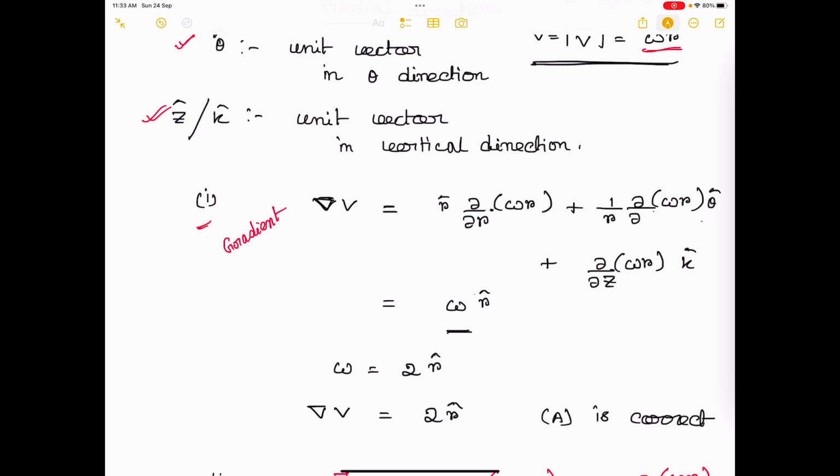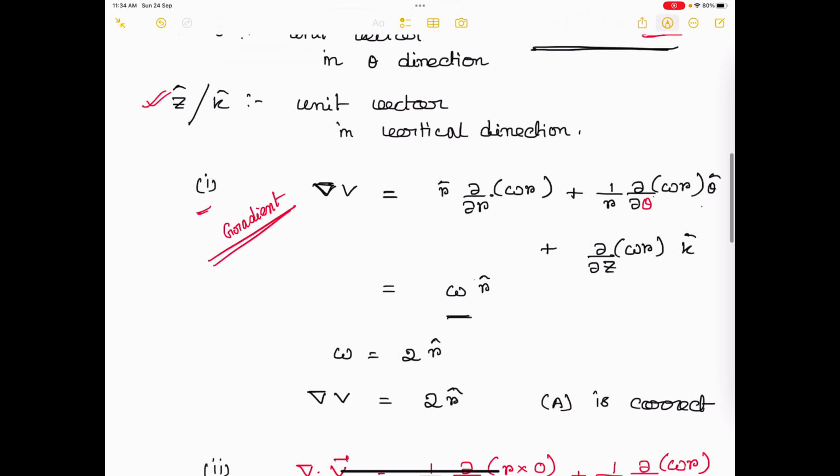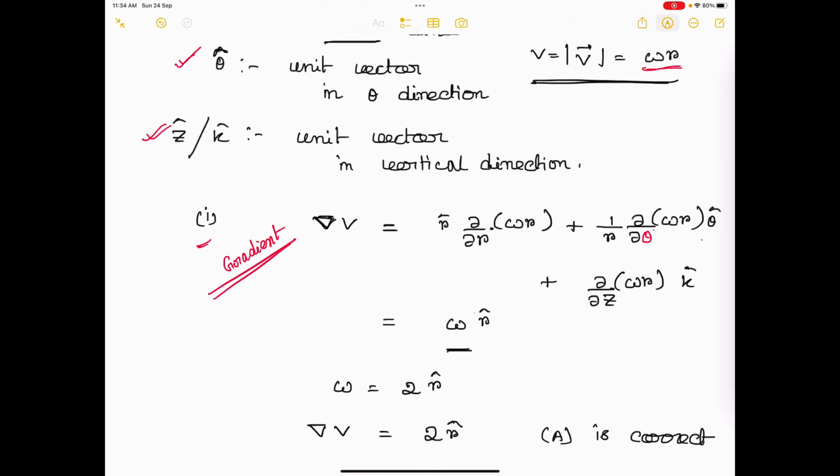The formula in the cylindrical coordinate for gradient is given in that problem also, or you can remember it. So this is how it is written: r cap del by del r, theta cap 1 by r del by del theta, and z cap del by del z. We will put omega r in all the places, because V is nothing but omega r, that is the magnitude.